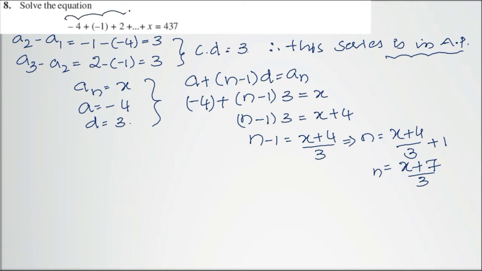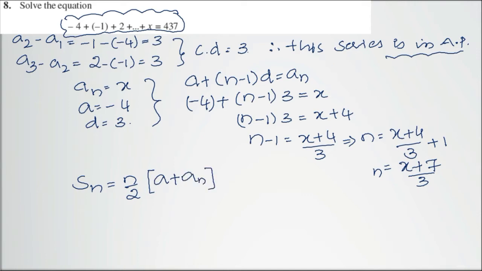Since in this equation we have the terms added, so the sum of the terms will be the formula n by 2 times of a plus an. Let me substitute in this formula. The sum is 437, which is equal to n by 2.